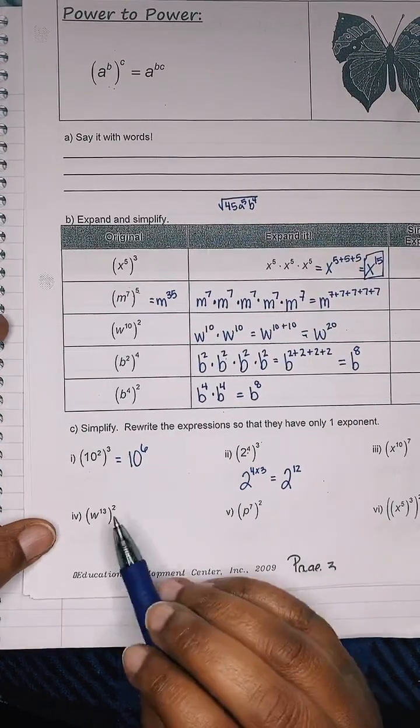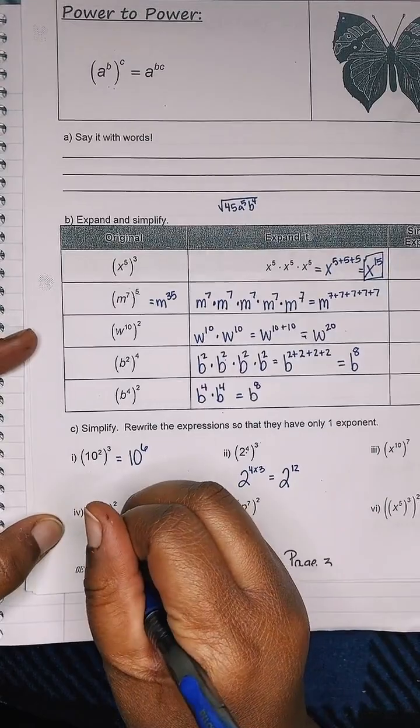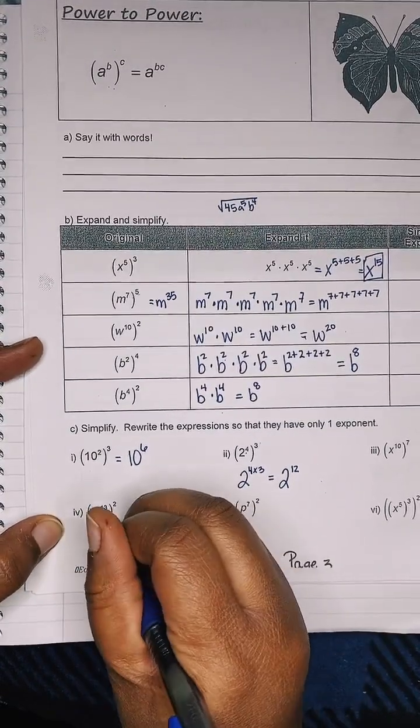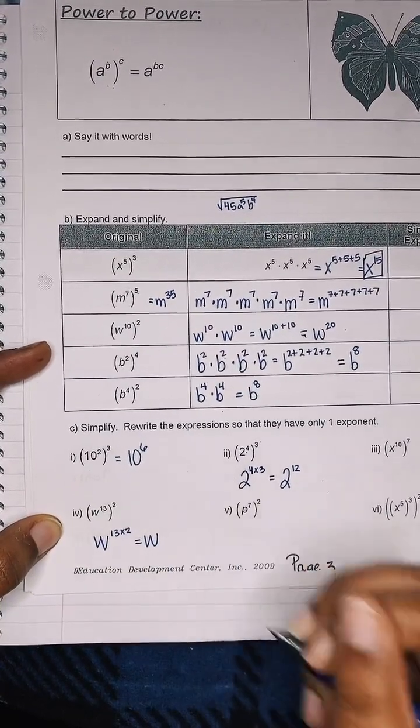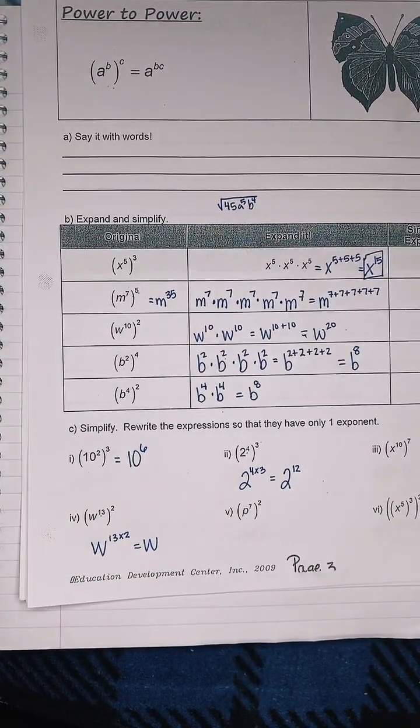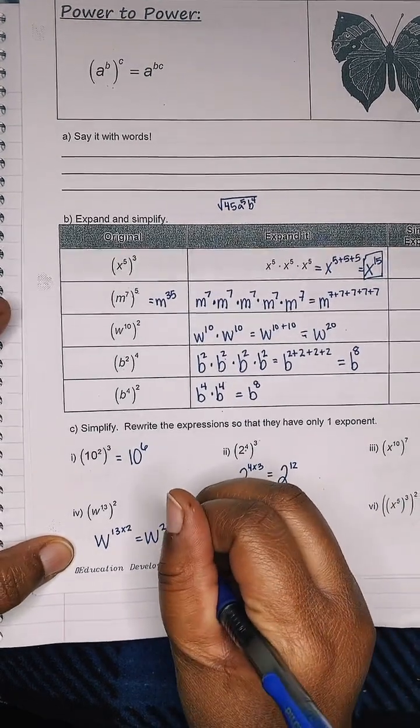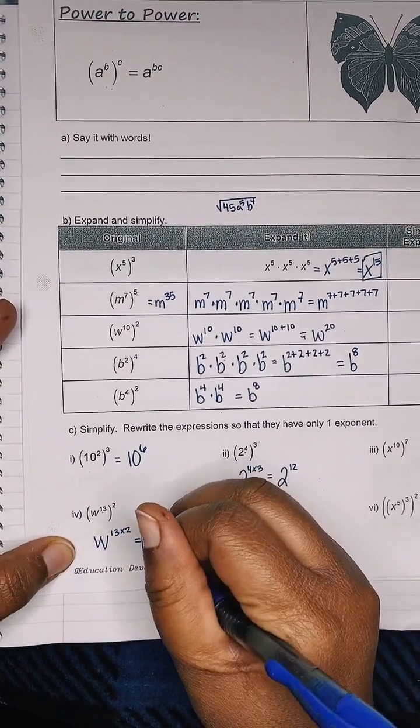Perfect. All right, so we have W to the 13 times 2. What's 13 doubled? What do we get? Oh, thank you. 26. W to the 26. Yes, you guys.